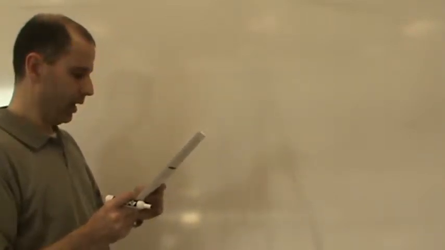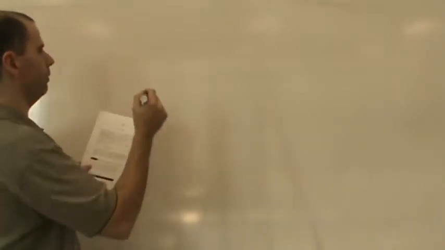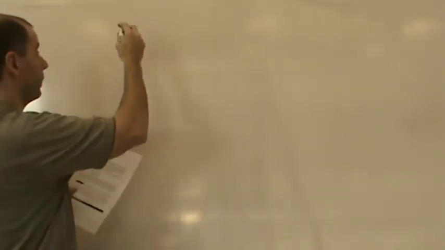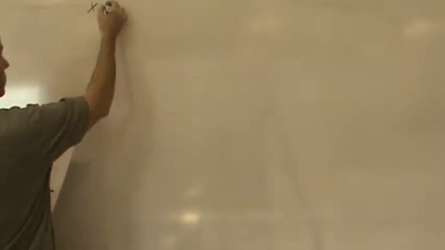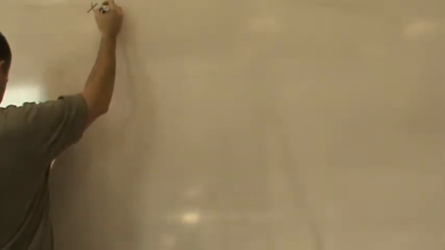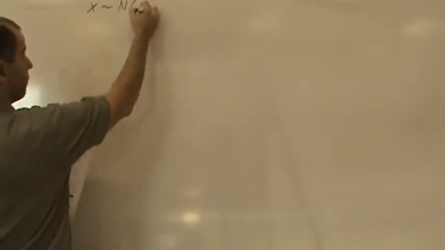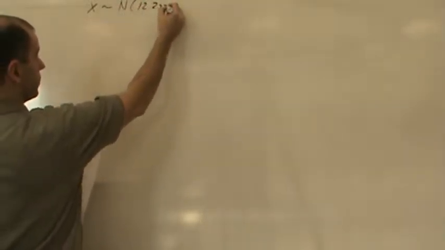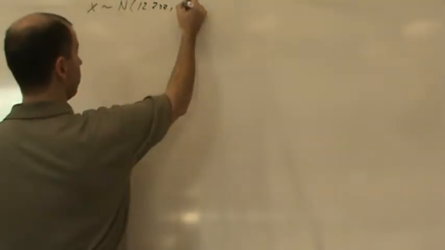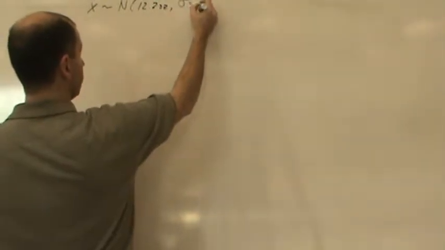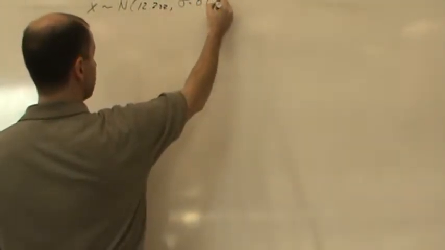Okay, the volumes are normally distributed. So here we have X, the volumes of liquid. We know the volumes of liquid are normally distributed, with a mean of 12.2 ounces, that's what the machine is calibrated for, and the standard deviation, sigma, is equal to 0.6 ounces.